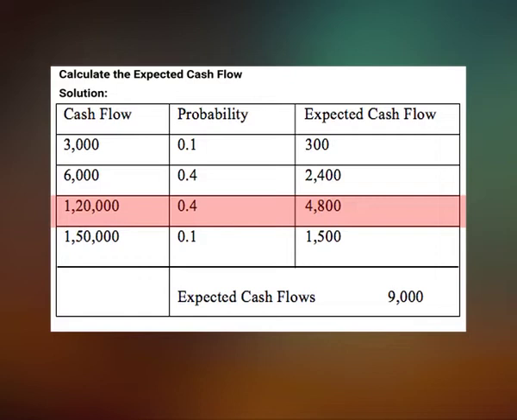The probability given is 0.4. The expected cash flow is equal to 4,800. Then we are given the 1,50,000 cash flow. The probability given is 0.1. The expected cash flow will be 1,500. So, the total expected cash flow will be equal to 9,000.